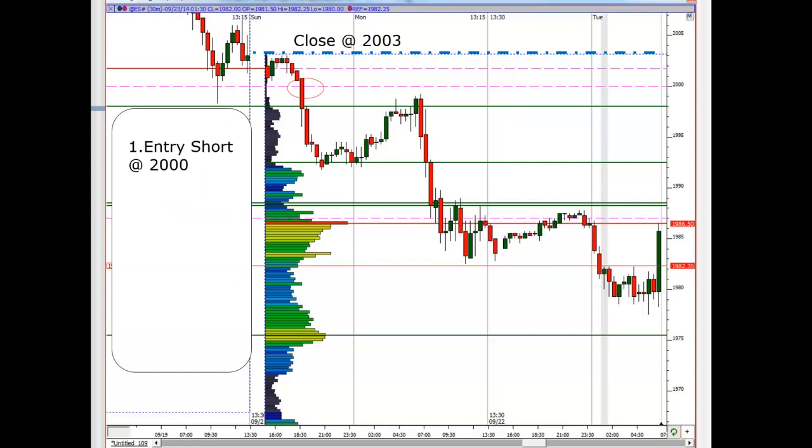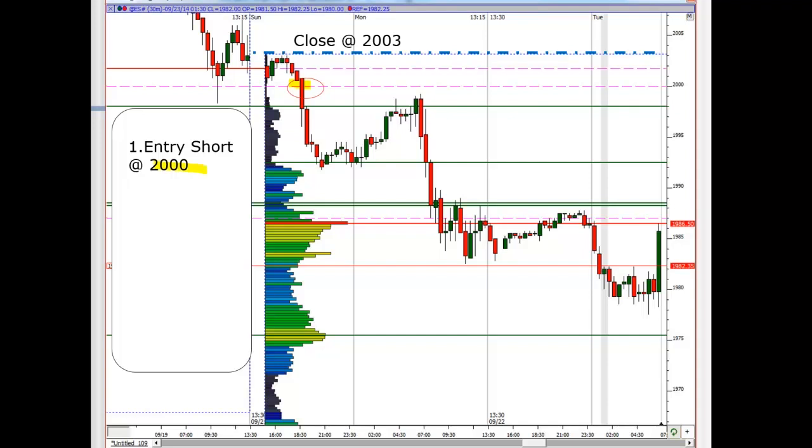So let's take a look at how we would trade that knowledge. Once we try to test the close and we fail, a reasonable entry would be a short at this point right here. We're coming down, we're dropping below the open, and so the range is now extending lower, and the short would be around the 2000 level.